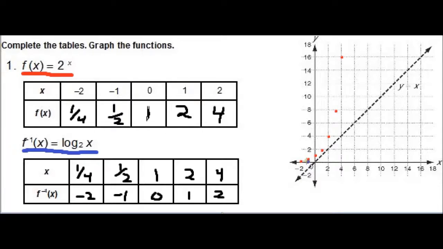And you don't even have to use the table if you don't want to. We can just look right here. At 0, the graph was at 1. So just like we did with our inverses before, if you've got a point at (0, 1), we're now going to put a point at (1, 0) for its inverse. At (1, 2) there was a point, so we're going to put a point at (2, 1).